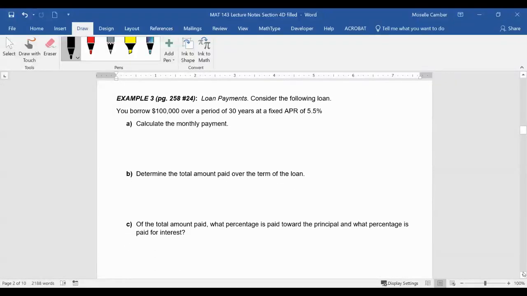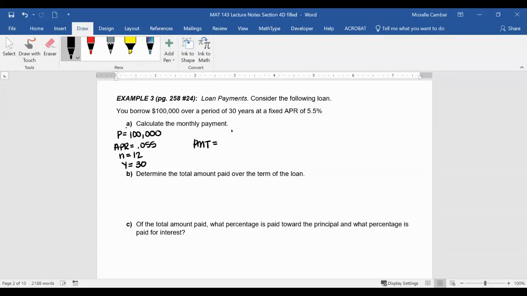Another example, you borrow $100,000 over a period of 30 years at a fixed APR of 5.5%. Calculate the monthly payment. Okay, so again, we have our loan amount of $100,000. My APR is 5.5%, so 0.055. My N is 12 for monthly payments, and my Y, we're doing it for 30 years.